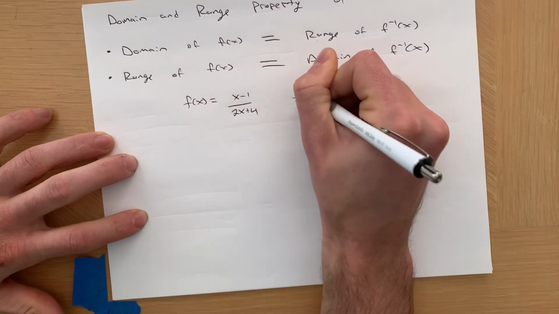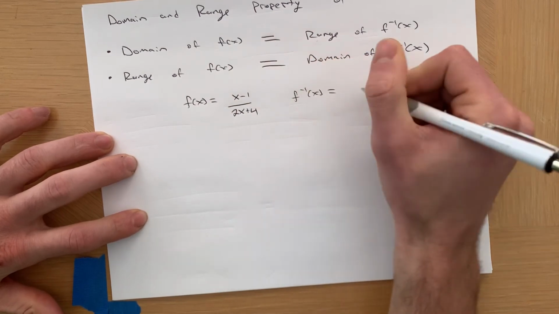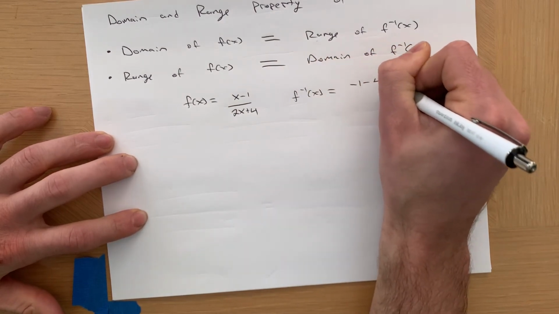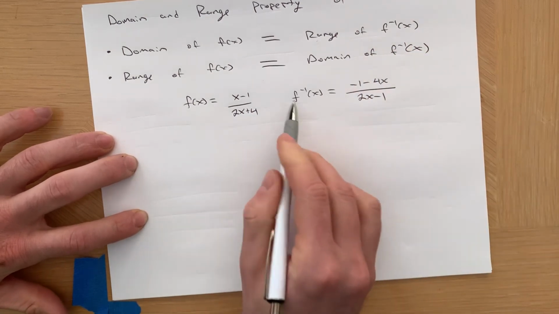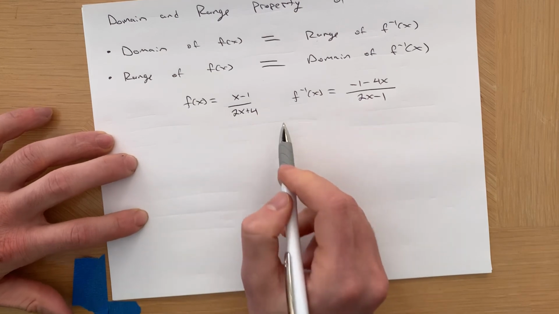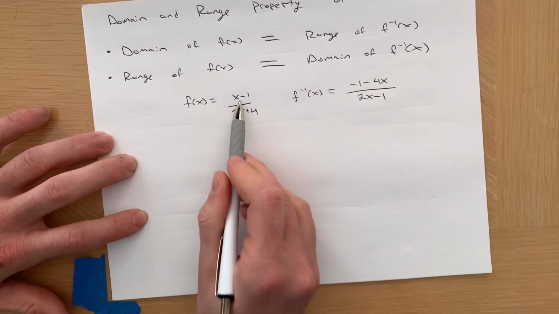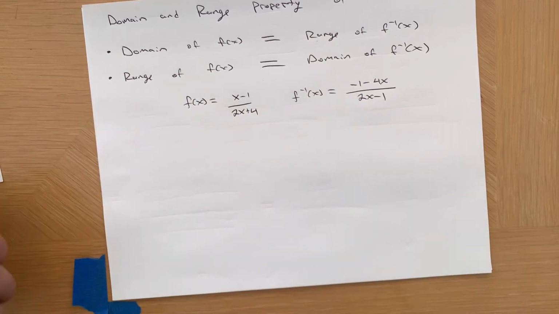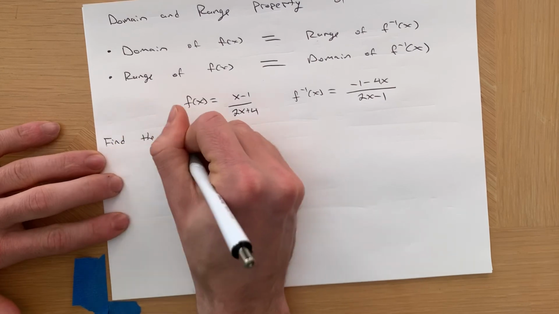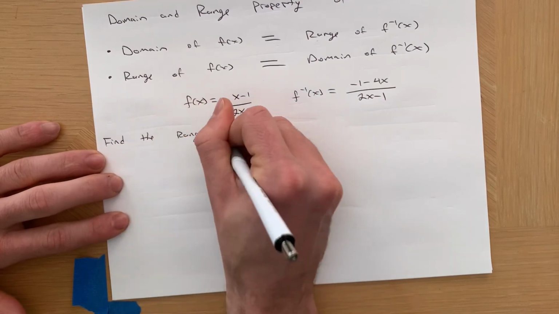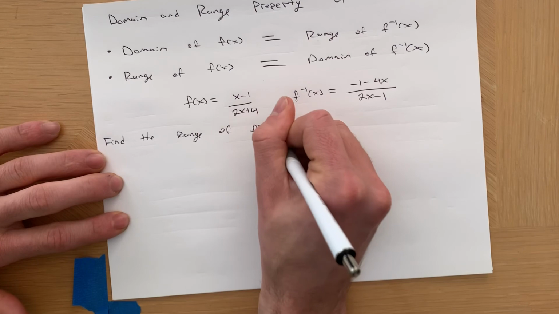We did a bunch of work and we got f inverse of x was equal to negative 1 minus 4x over 2x minus 1. This was the third example that we did. And we verified this in the previous example we just did. So say if a problem said, find the range of f inverse of x.